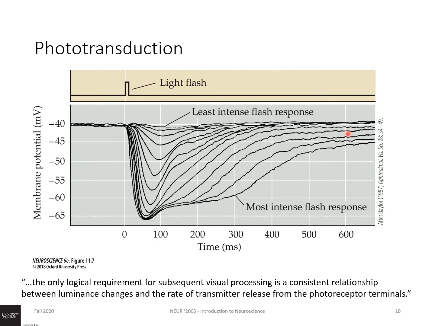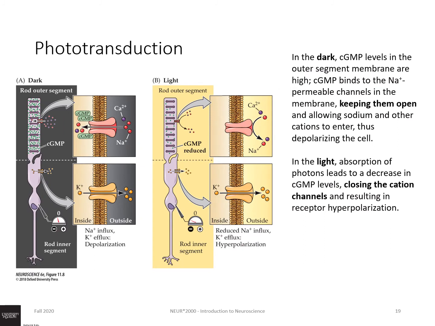So in the dark, the resting membrane potential is about -40. In the dark, the cyclic GMP levels in the outer segment membrane are high. So the cyclic GMP binds to the sodium permeable channels, keeping them open and allowing sodium and other cations to enter, causing the cell to be depolarized.